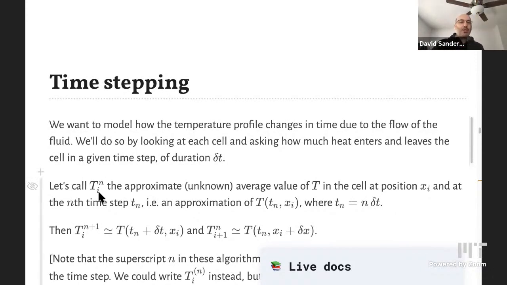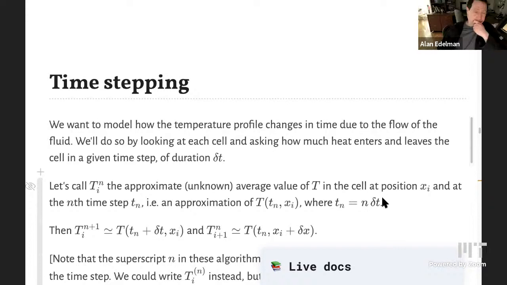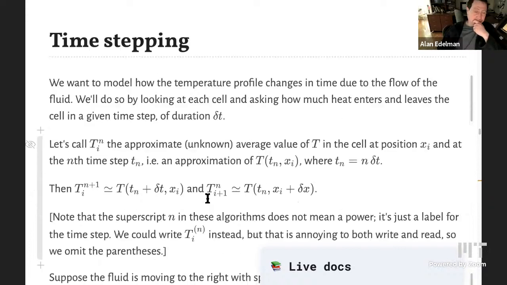And so cell number I corresponds to a position x sub I, determined by the width of the cells, and time step number n corresponds to a time t sub n, which is n multiplied by the length of the time step, delta t.